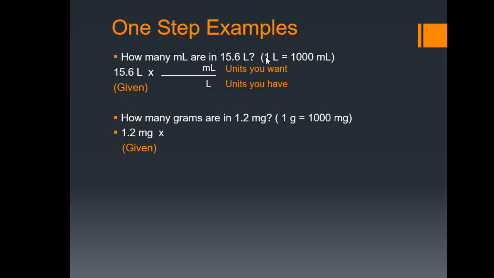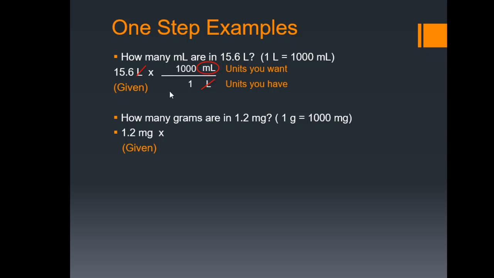Now you're just going to match up these numbers. There is a 1 with the liter, and there's 1,000 with the milliliters. So now you're set up. Then you also want to check and make sure your units cancel. Liters cancels liters, not the numbers, just the units, and we are left with milliliters, which is what they're asking us for.